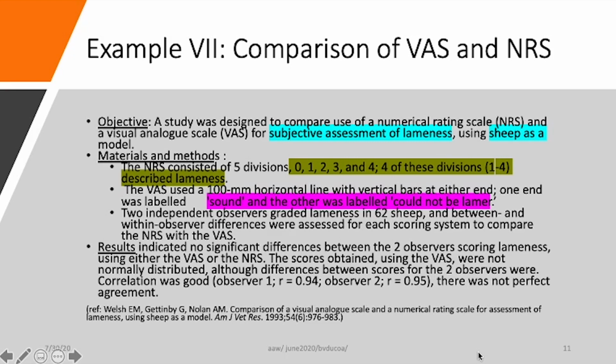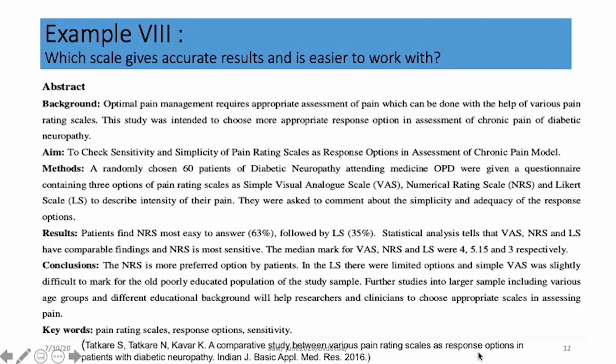So see how interesting research can be when you are talking about just the development and reliability of the tools and using the tools for your research. Another example: the study was published in the Indian Journal of Basic and Applied Medical Research. They used this in pain management, and they compared all three scales: VAS, numeric rating scale, and Likert scale.